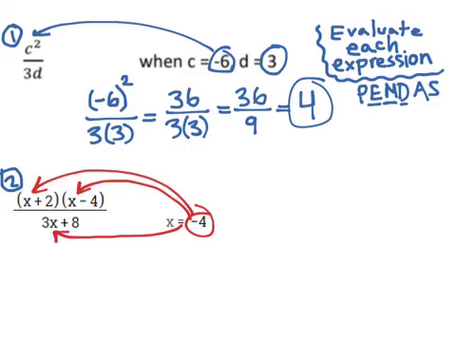So we have in parentheses x, which we know now is -4, plus 2, and then that's times, remember, because whenever we have parentheses next to each other, that just means multiplication, times x, which is -4, minus 4.